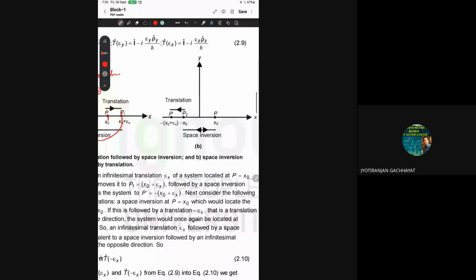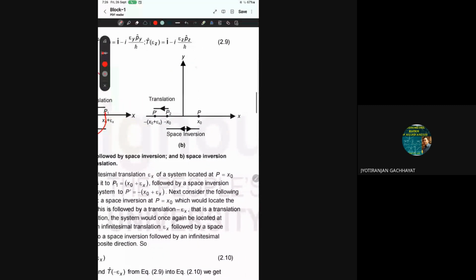In the other case, first parity, second translation. First parity, it was at x0, so it will invert to minus x0.